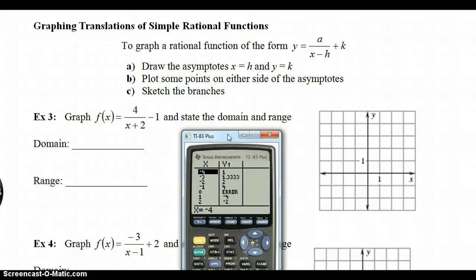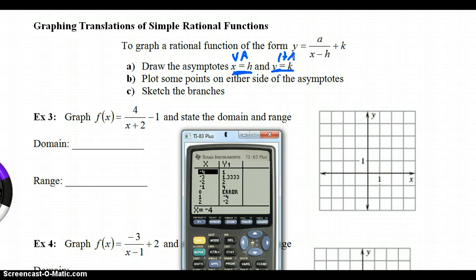Now, as we add to our graphs, we're going to see a couple different things. These are the rules. When you graph some things in, we'll have asymptotes. And remember, there will be a couple different asymptotes. The x equals asymptote is your vertical asymptote. Your y equals are your horizontal asymptotes.